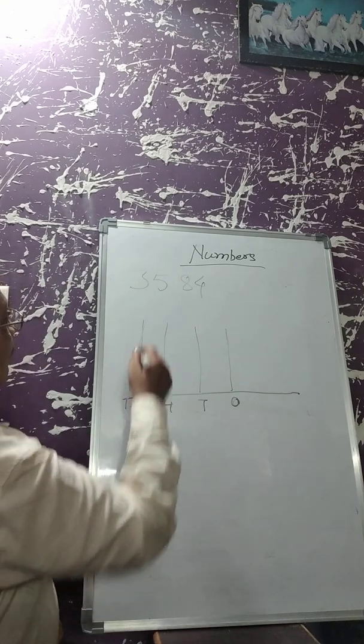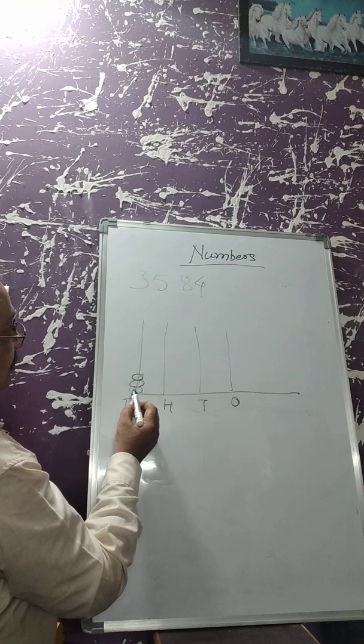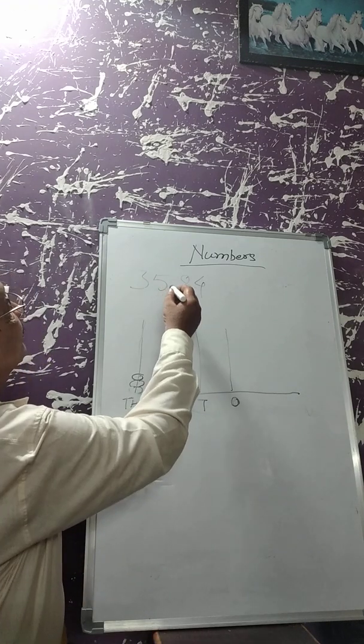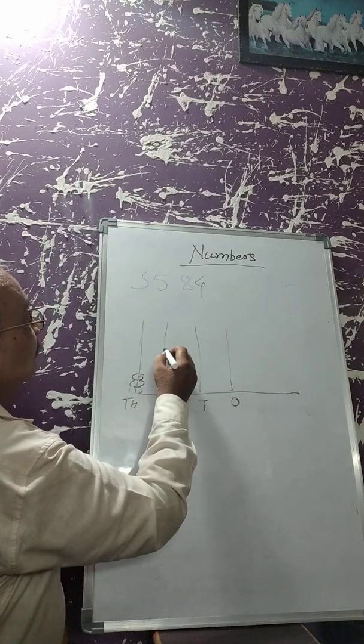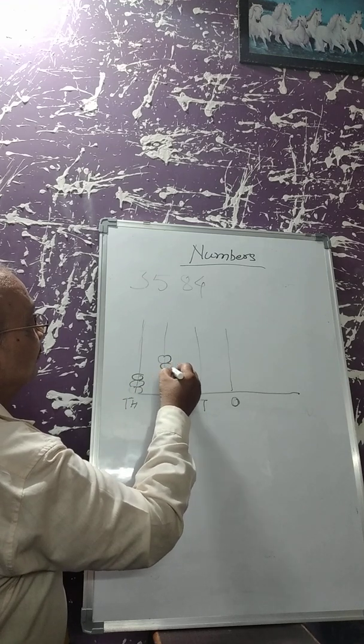Okay. So here it is written 3, so put 3 beads here. Here it is 5 at the place of 100, so put 5 beads here.